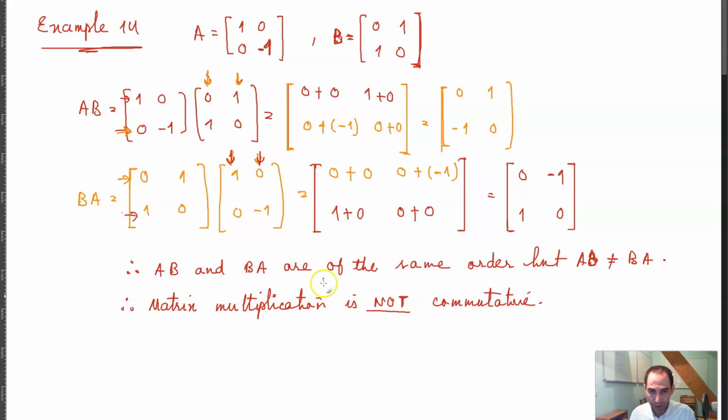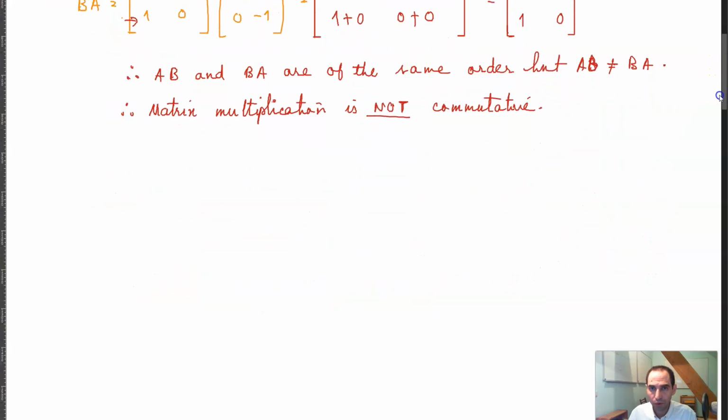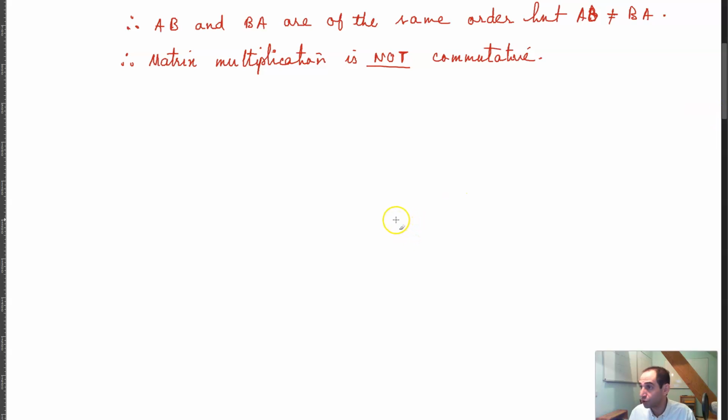Now, what this means is that, of course, in mathematics, you know about how mathematical logic works. When you say that matrix multiplication is not commutative, you might actually be able to find even thousands, even millions, even billions of pairs of matrices in the case of which matrix multiplication is of course commutative. That's possible, right?